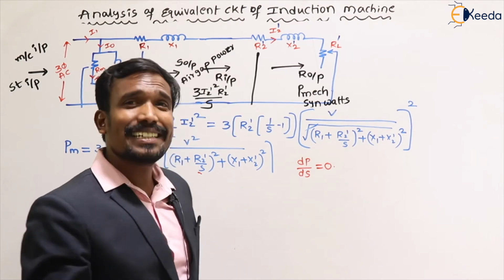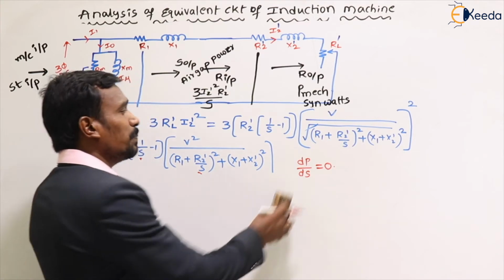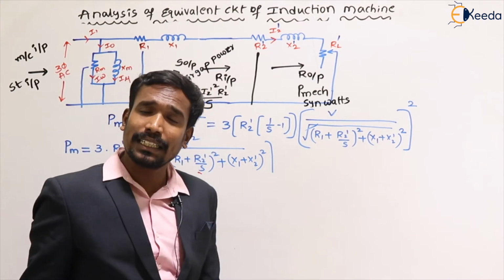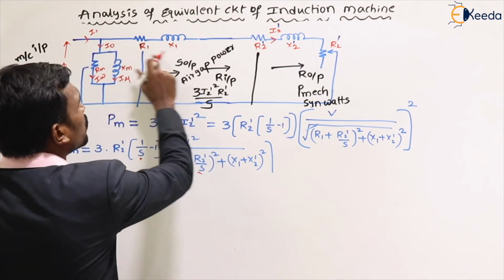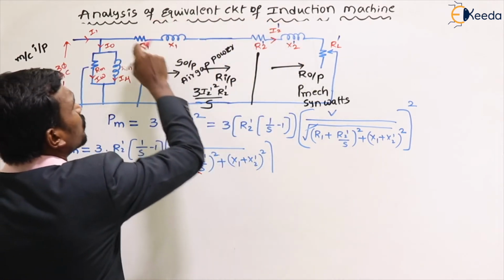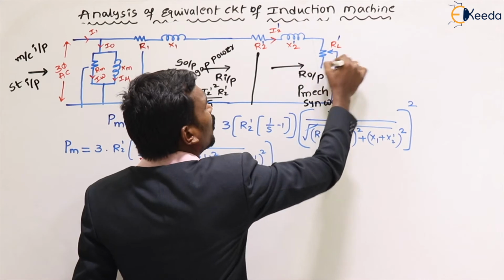So what is the trick here? How can we get maximum power in this case? Simple. This is the source and this is the load.